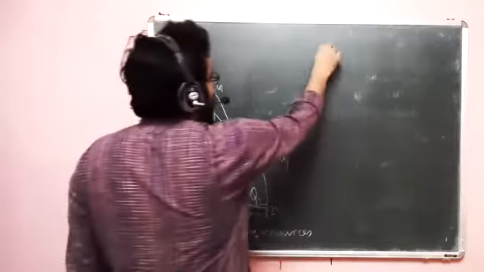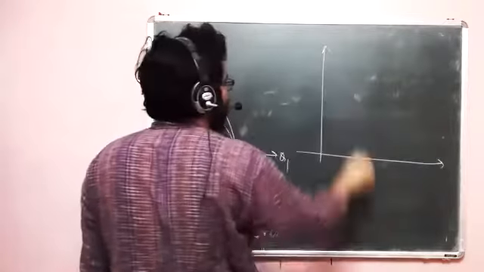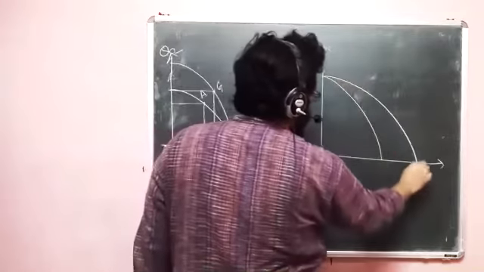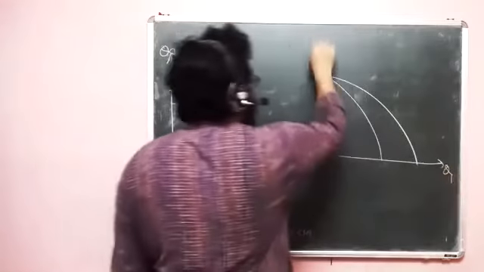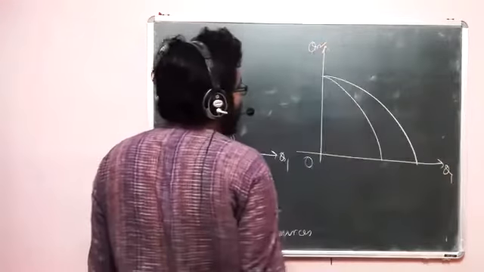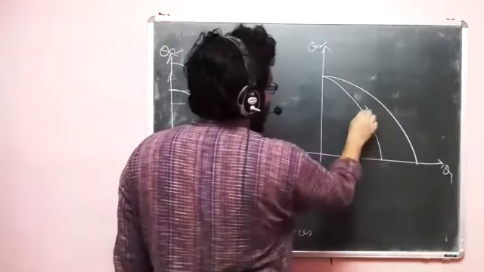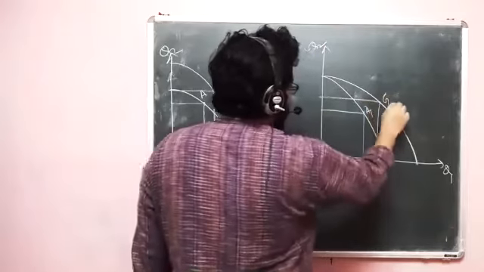The same thing can happen for good 1 also. So in this diagram we have the technological advancement for good 1, and here also we can have some A1, and then move on to a higher point like G1.